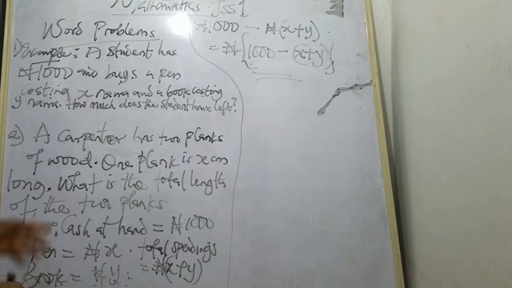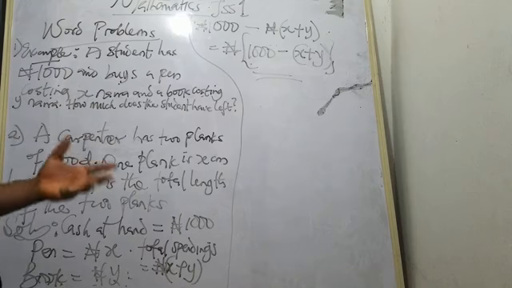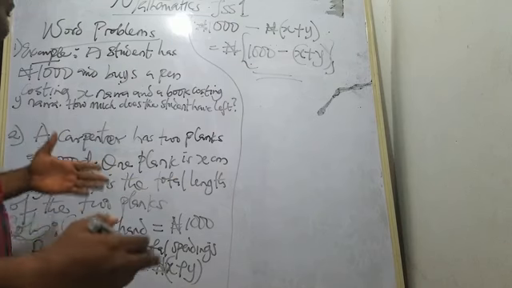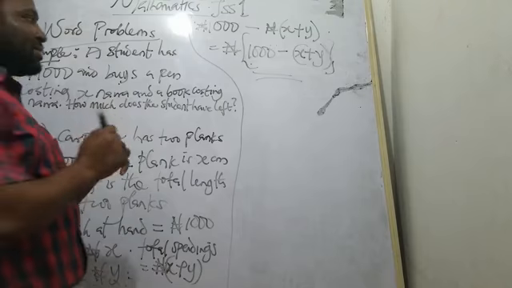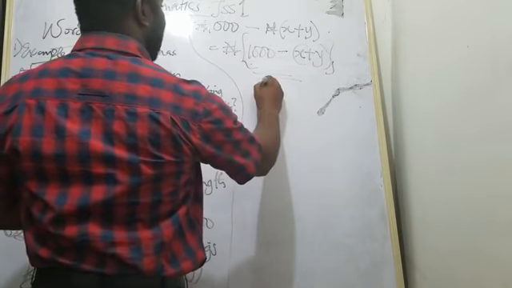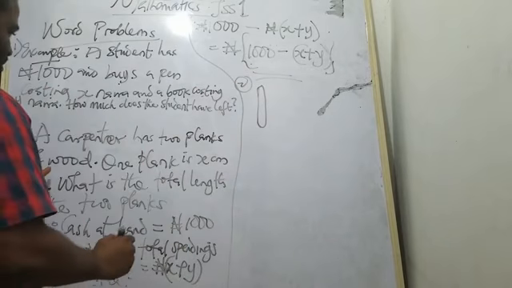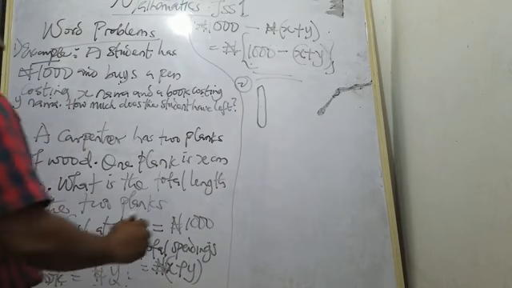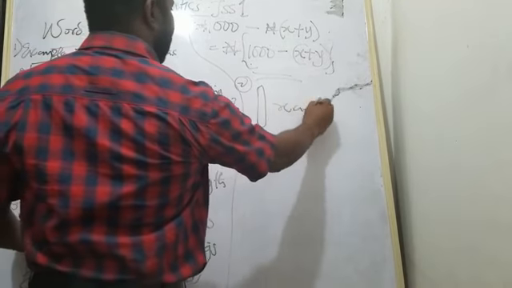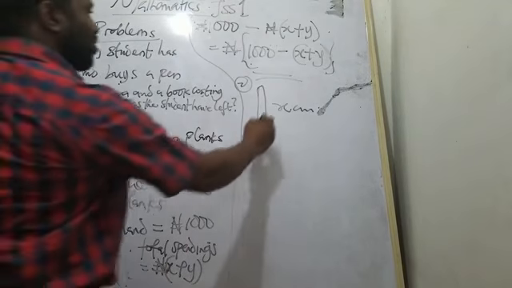Now the second question: a carpenter has 2 planks of wood. One plank is X centimeter long. Now there are 2 planks. This is one plank. This one is X centimeter long. This is the length of this plank.